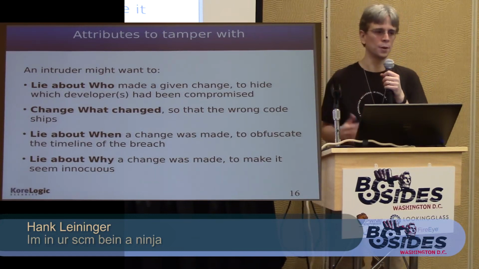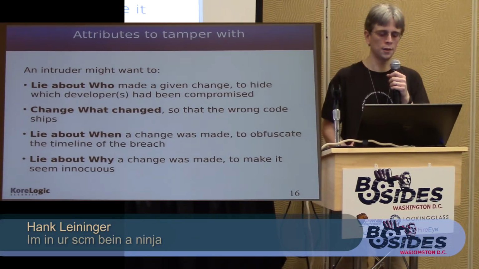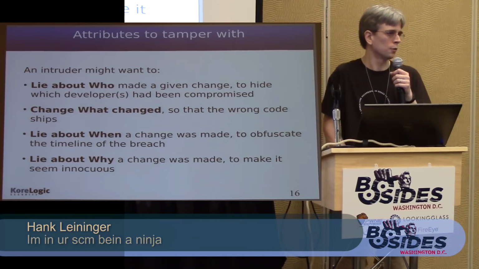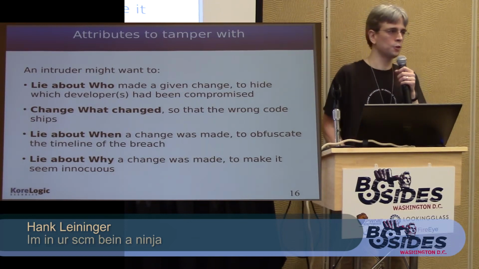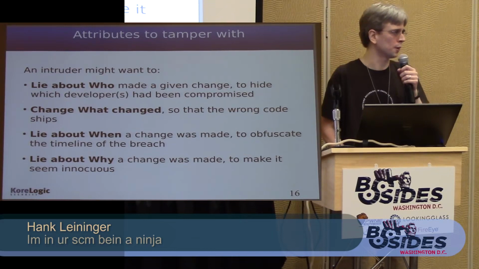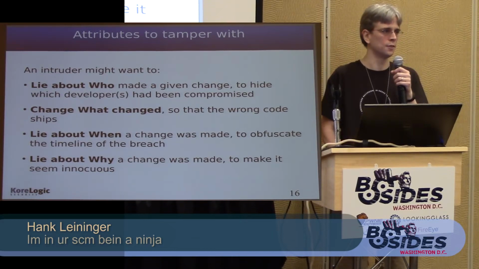So they may want to lie about who made the commit of interest. They may want to change what changed, as in rewrite the history of an existing commit so that what you thought was the code you were shipping is no longer the code you were shipping. After it passed the QA tests, the bad guy changed the code in your repo so that now you check out the code, build it and ship it, and it's not what you thought.